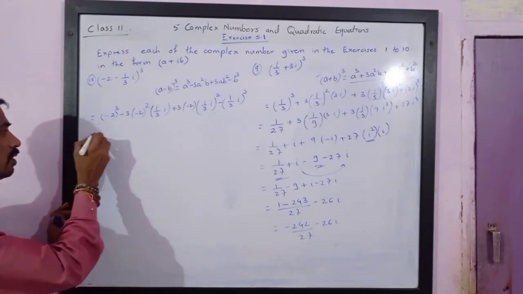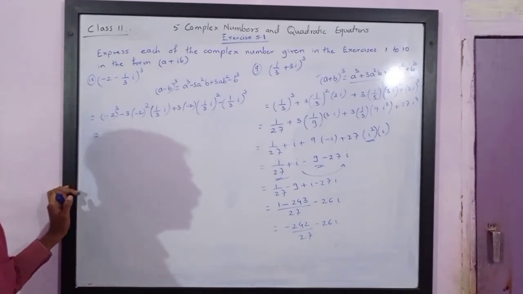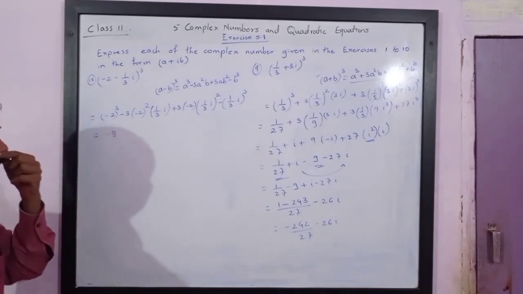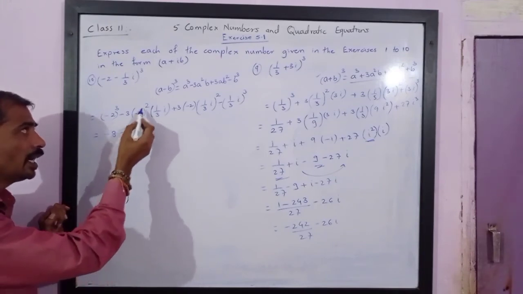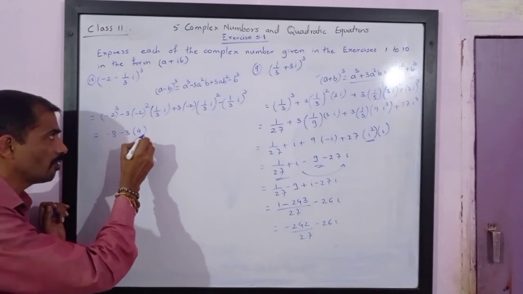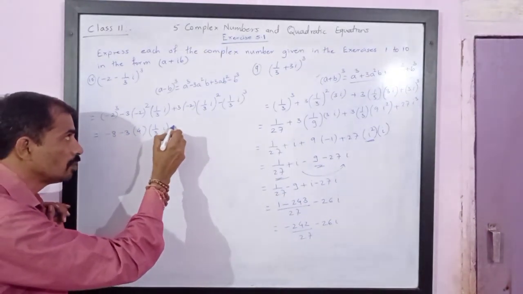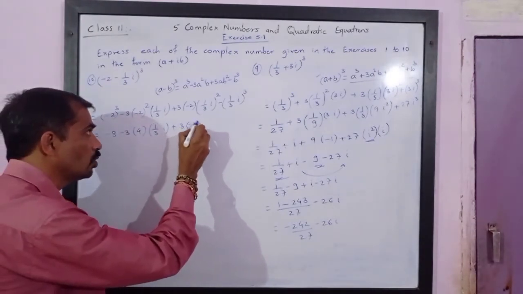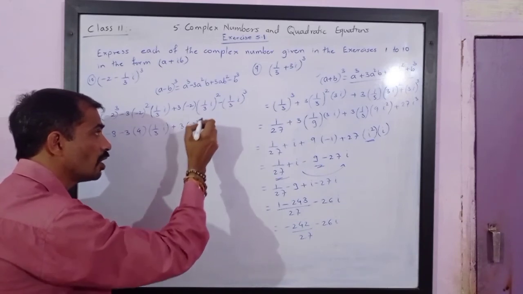Now if you solve this, you will get negative 2 into negative 2 into negative 2, that is equal to negative 8. Now this becomes minus 3 multiplied by negative 2's square is positive 4. Don't get confused. This is 4 multiplied by 1 upon 3i plus 3 multiplied by negative 2, you will get I square upon square of 3 is 9.